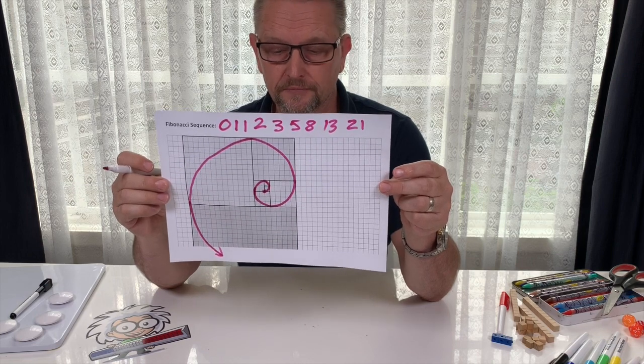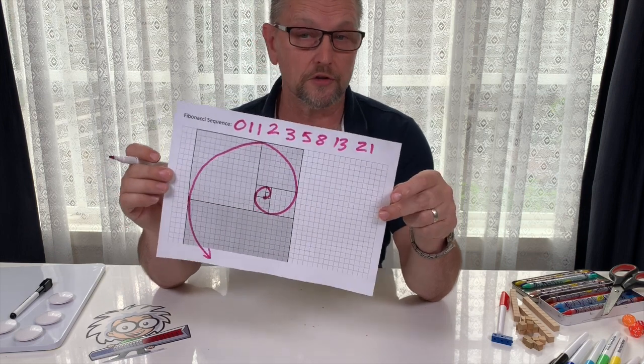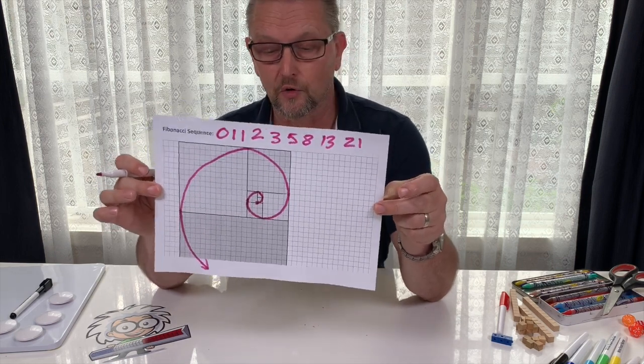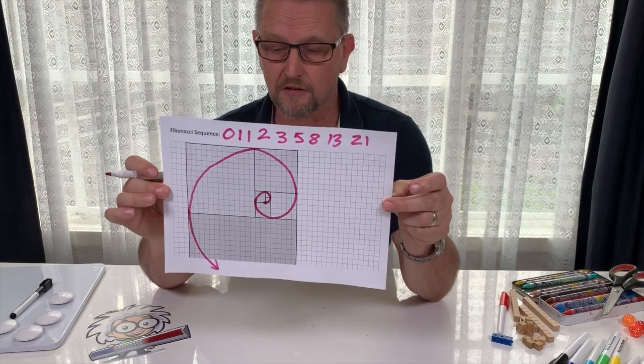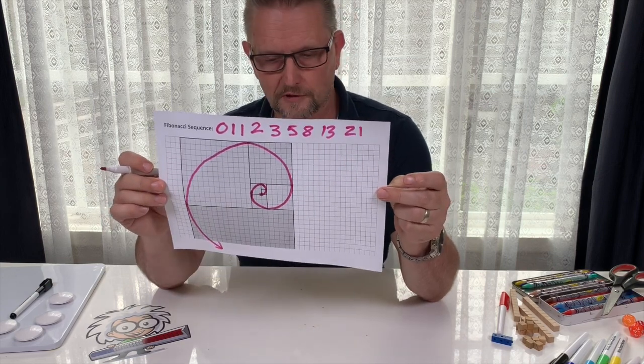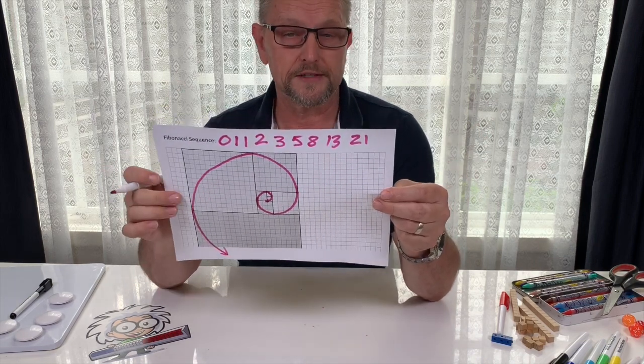Well, it's amazing. And where would you find that? Well, I reckon you'd find that in the ocean, say in a nautilus shell, or down on the beach, say, seashells, sea snails, snails in the garden. There are obviously things we use with different types of springs and stuff like that.